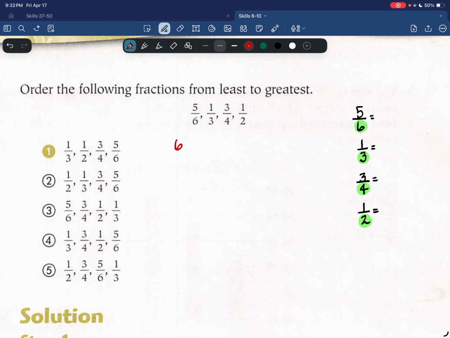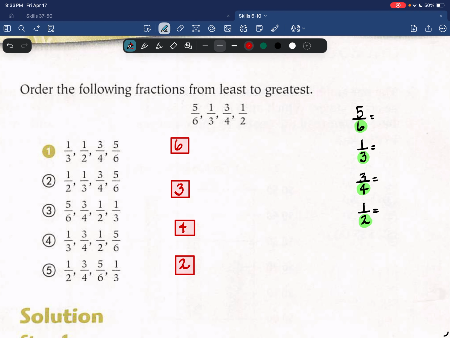So I have the 6, the 3, the 4, and the 2. And I'm just going to mark those in a box because I do not want them to get mixed up in the list of numbers I'm about to generate.